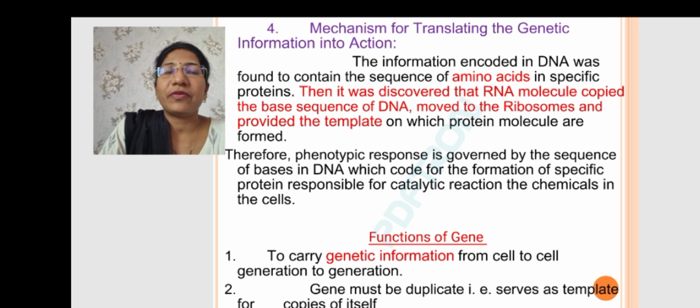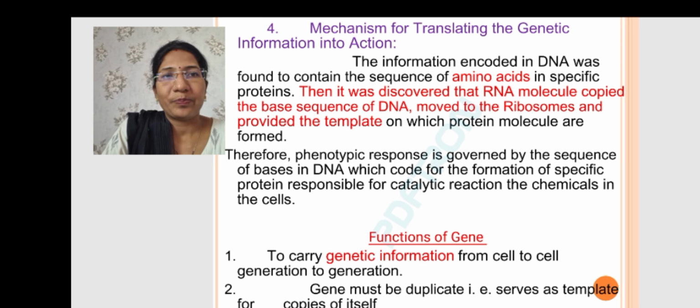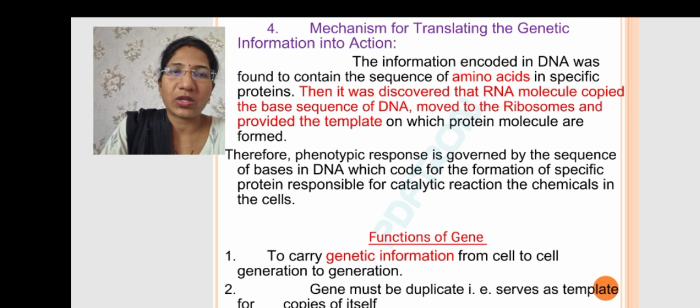Therefore, the phenotypic response is governed by the sequence of bases in the DNA which are coded for the formation of specific proteins which can be responsible for the catalytic reactions of the chemicals in the cell. So these are the mechanisms of heredity.